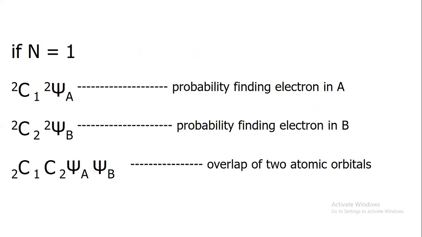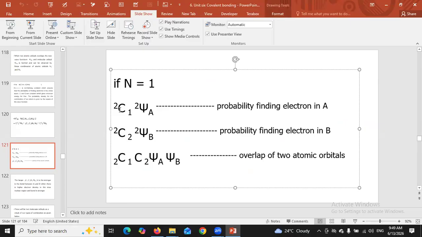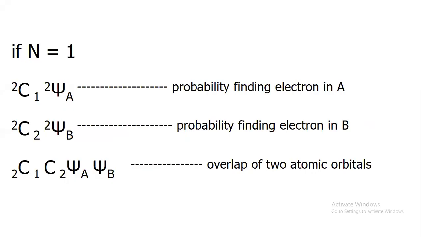If N is 1, C1 square is the probability of finding the electron in A and C2 square is the probability of finding it in B, and 2 C1 C2 psi A psi B is the overlap of the two atomic orbitals.